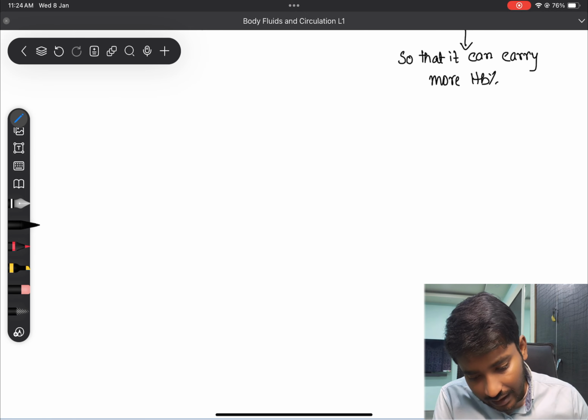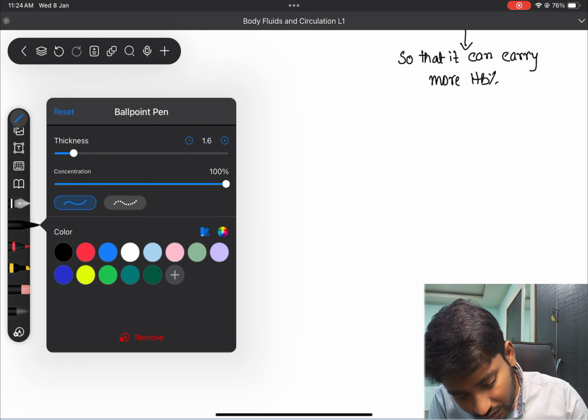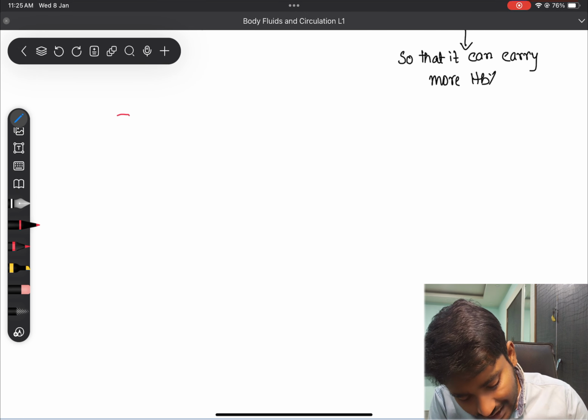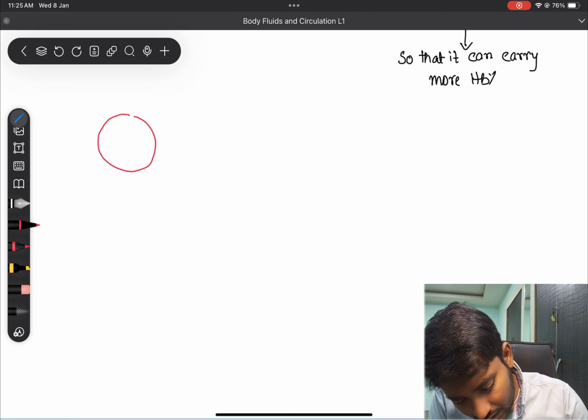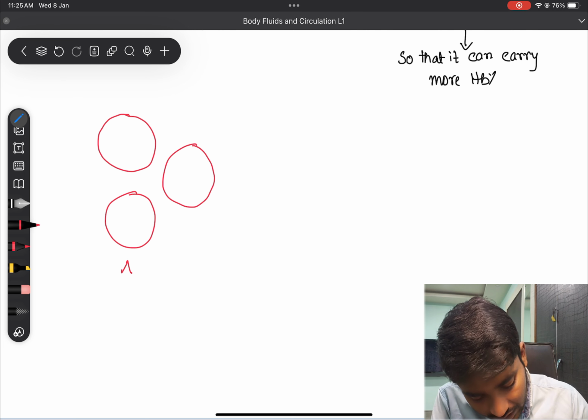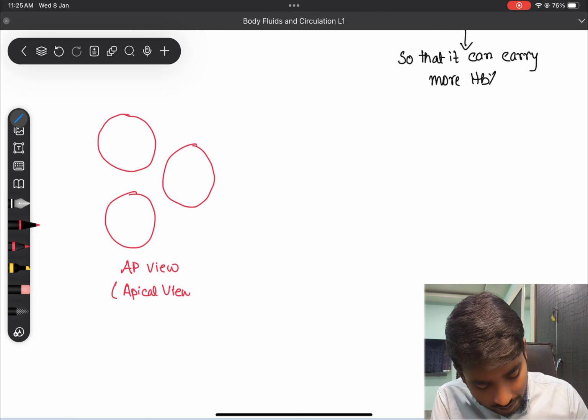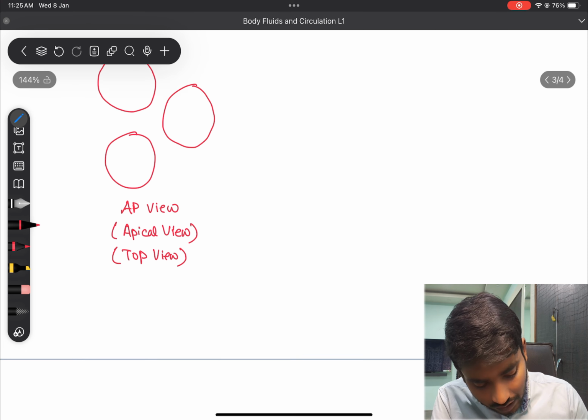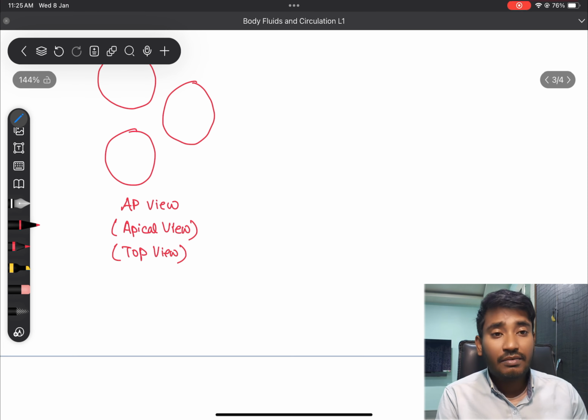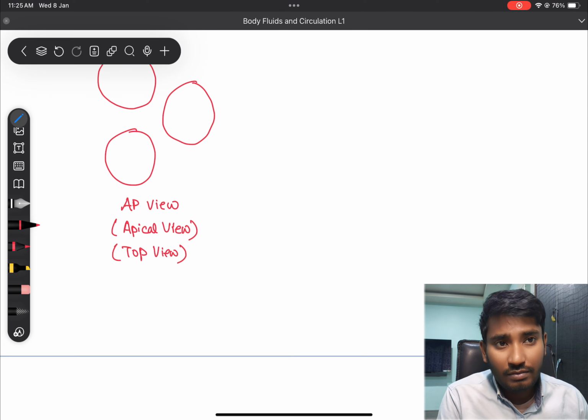Okay, now the top view of the RBC looks like this. This is called the apical view, that is the top view. Just remember the medical terms.